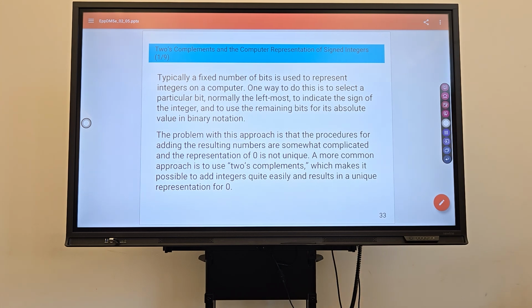The problem with this approach is the procedures for adding the resulting numbers are somewhat complicated, and the representation of 0 is not unique. A more common approach is to use 2's complements, which makes it possible to add integers quite easily and results in a unique representation for 0.